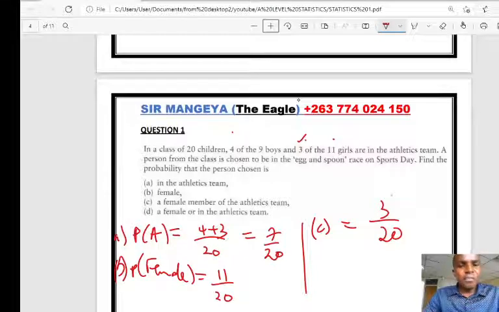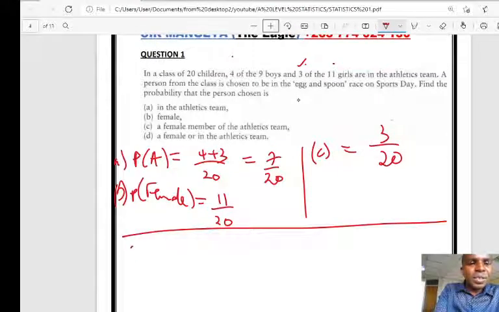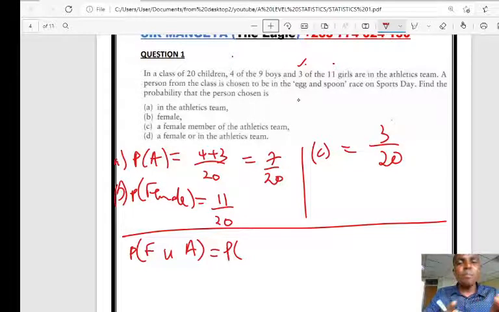Then number D, a female or in the athletics team. Is a female or in the athletics team. Right? You have to apply formulas here. Probability of female, let me use F for female and A for athletics team, and 'or' means union. Breaking it down, take note, these are combined events, because you can have a female who is in the athletics team, like there are 3 girls in the athletics team.